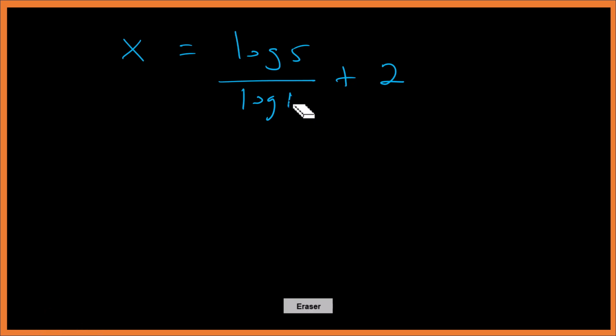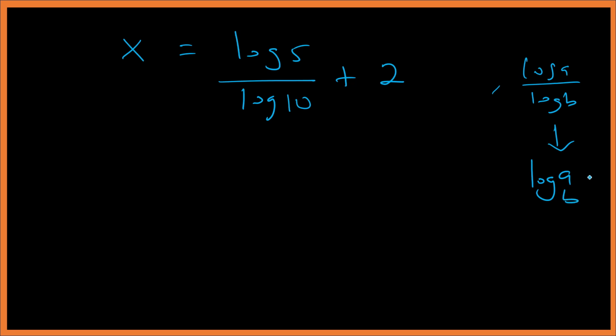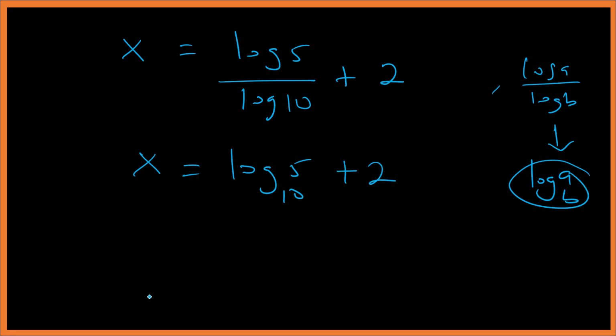Now, when you are given log a over log b, that is the same as log a to base b. So you can write this as x equals log 5 base 10 plus 2 as the answer.